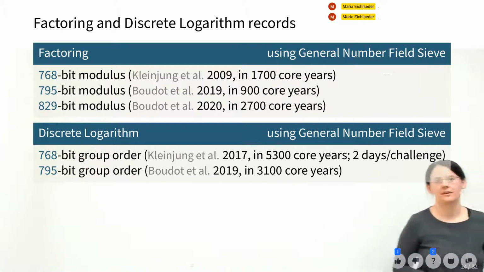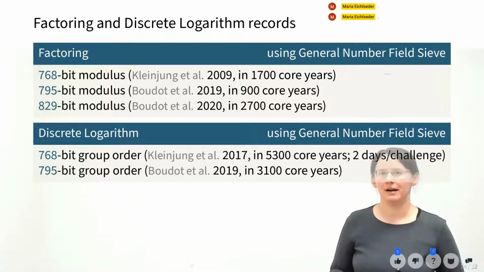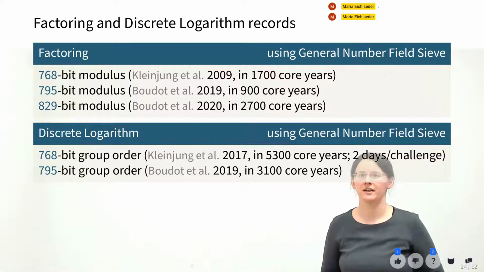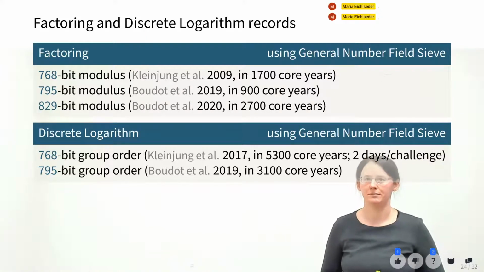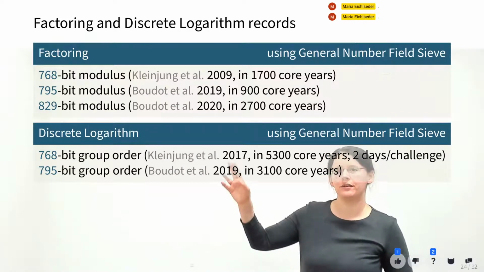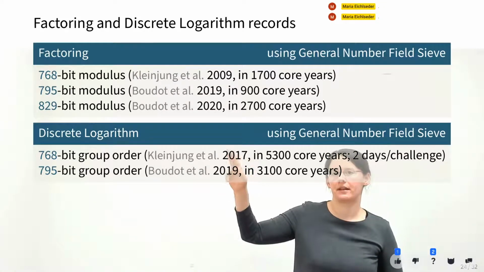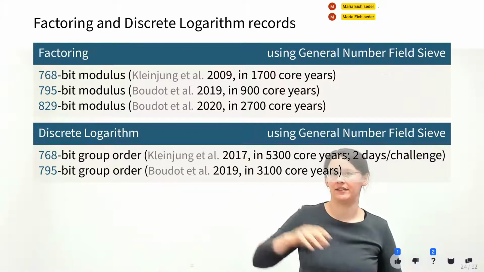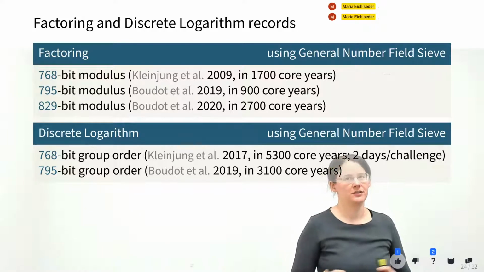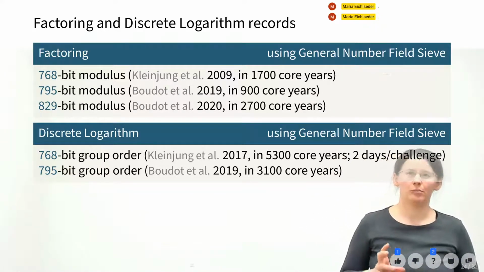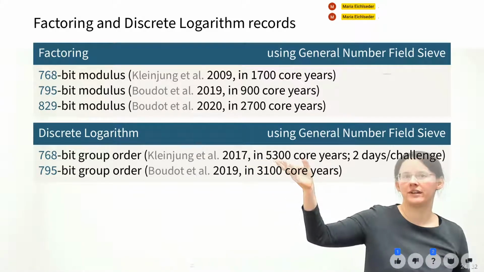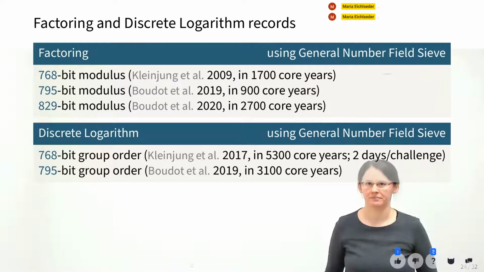So let's have a look at some records to get a feeling about what's possible with academic computation times. Up until recently, I always had to list these old records about 768-bit moduli, both for factoring and for discrete log, even though the discrete log record for this size was a lot younger than the other one, which has also caused some people to think that the discrete log problem might be a tiny bit more difficult because it took longer and more core years in order to achieve similar results.